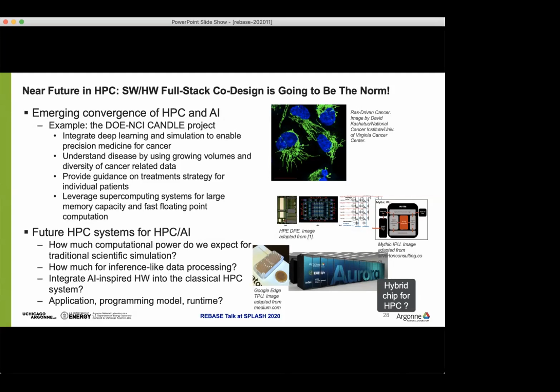So maybe in near future, we will combine them into the HPC system to address different AI tasks running on the supercomputers. Maybe we may design a specific hybrid chip even for the HPC. But the challenge here is how we will make the application, the programming model, and the runtime system designed for such extreme heterogeneous architecture. That will be an open question to everyone.